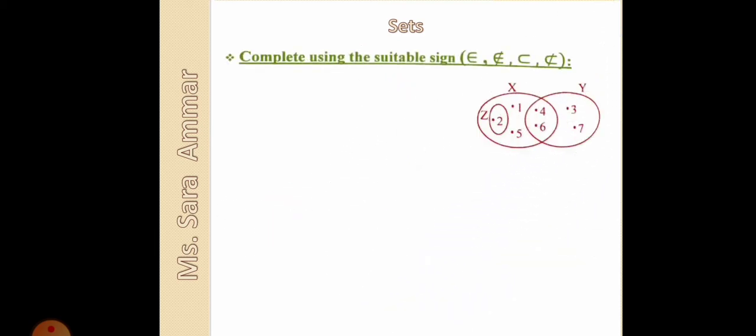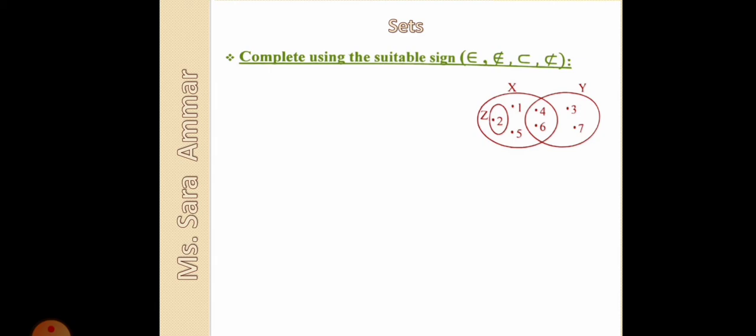Now in this question, again, I need to use the 4 symbols, belong, doesn't belong, subset, not subset, but using the opposite figure. As you can see here, I have 3 sets, set X, which has the elements 1, 2, 4, 5, and 6.